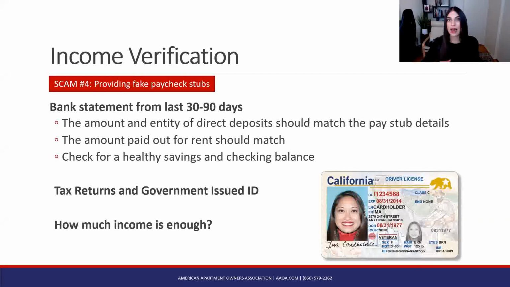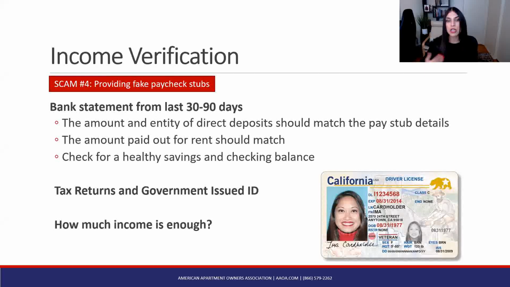You may see that maybe something closer to 2.5 might be actually better for your area, because otherwise you might screen out too many tenants and just have a very small applicant pool, which is okay. If you're looking to fill a vacancy faster though, you may want to maybe lower the income to rent ratio that you have in mind, and maybe consider instead the checking and savings balance, which in my opinion is very important as well.